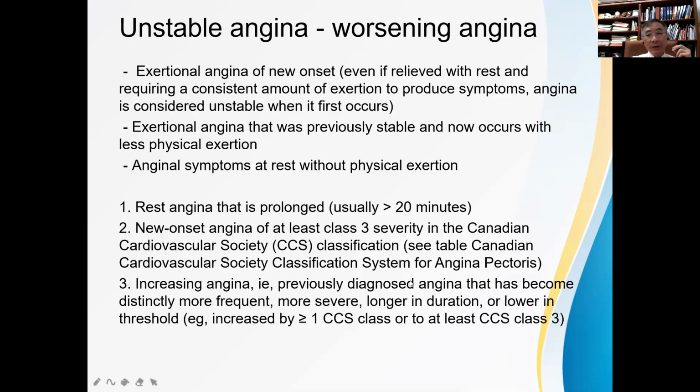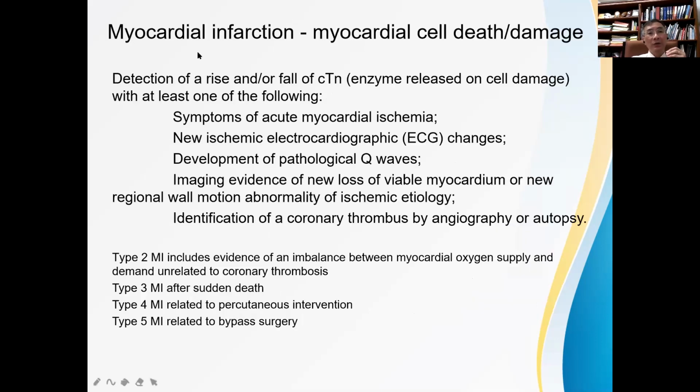And any angina that is previously diagnosed but becomes more frequent, more severe, longer lasting, and comes on with less activity, increasing in classes perhaps, then that is a suggestion that the angina is worsening, becoming unstable. It is important to pick up unstable angina because you want to treat it quickly and promptly to prevent the development of a heart attack or myocardial infarction.